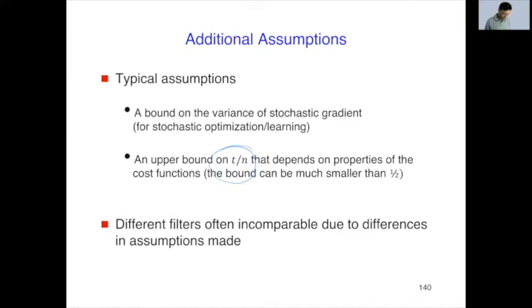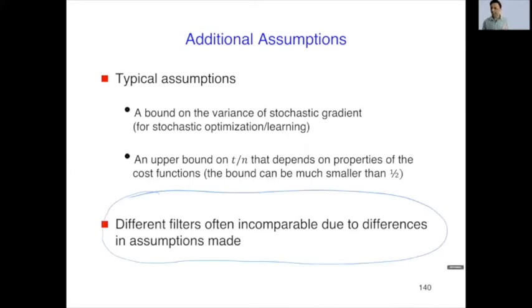In addition, in the case of stochastic gradients, there may be assumptions about the variance of the stochastic gradient, or some other assumption about the gradients that may not be exactly bounding the variance, but something similar. And then there may be other additional assumptions made about those functions as well. All of that means the different filters are not easy to compare, because the assumptions they make are often of different form.